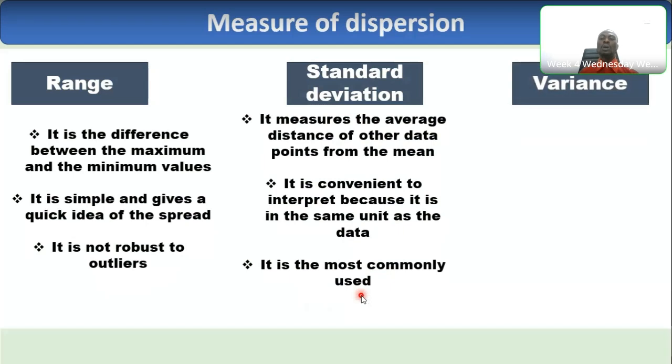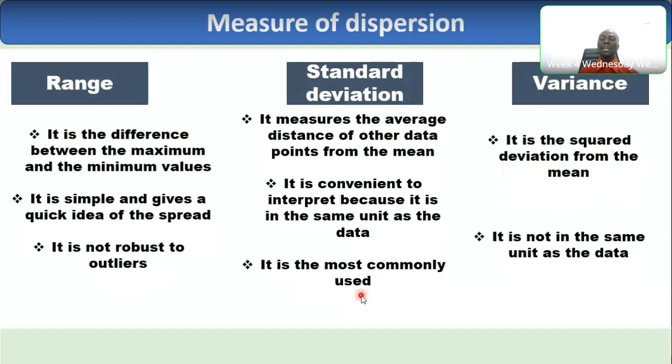Now we look at variance. Variance is just like the scale of standard deviation. Standard deviation and variance are measuring the same thing. The only difference is that the variance is measuring that distance in form of scale, while the standard deviation is measuring it in the same unit as the data points.